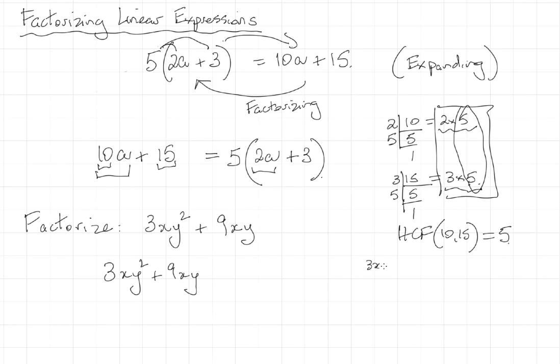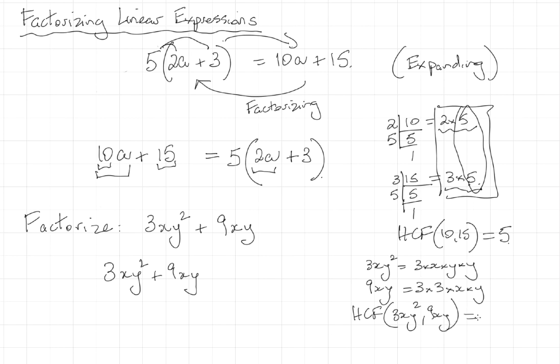So we got 3xy squared equals 3 times x times y times y. And 9xy is equal to, we can factorize 9 in prime factors, 3 times 3 times x times y. And to find the HCF, highest common factor of 3xy squared and 9xy, let's just scan through both factorizations.